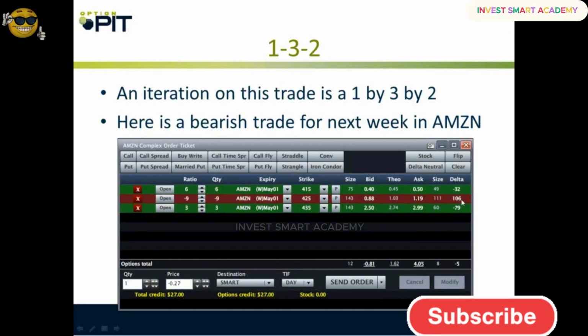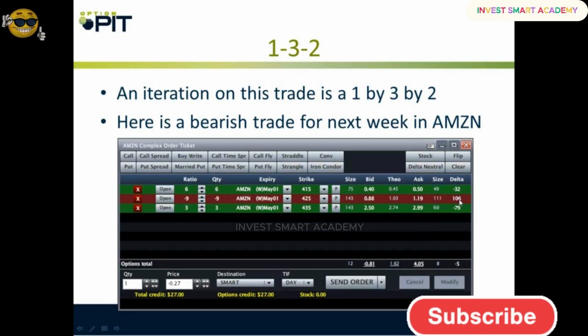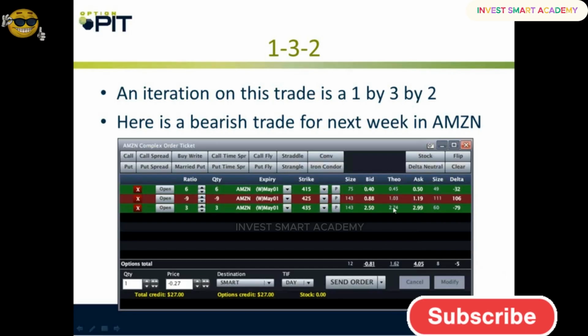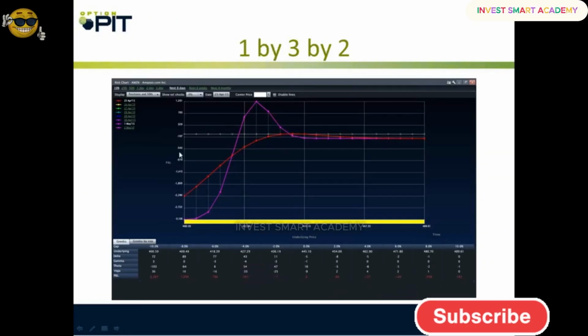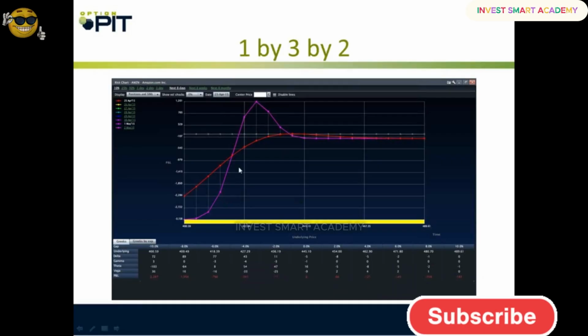So I am buying negative 32 deltas and negative 79, and selling a positive 106 deltas. My net delta is 5. Now I think I'm good enough. I could probably get this done for free. But the one issue I have is if I'm too right, I'm going to lose.